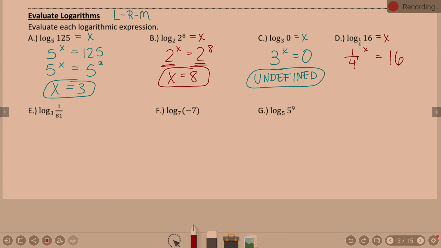Because here's the goal. I'm trying to get both sides of the equation to have the same base. So if I rewrite this as 4, and if I bring that 1 up, it's now 4 to the negative first, raised to the x. And now I've gotten it out of fraction form, which is what I needed to happen.